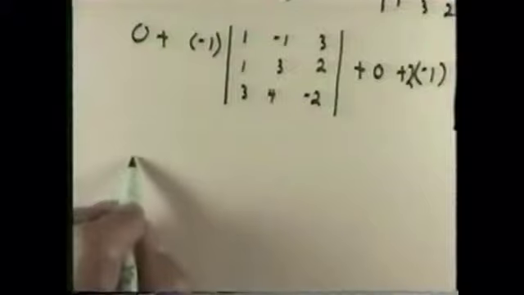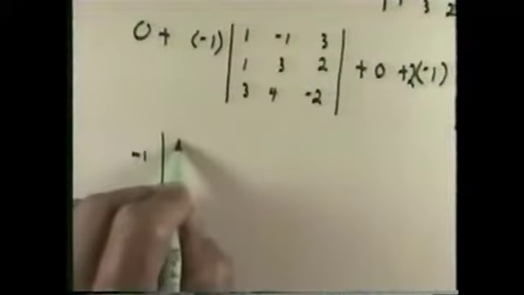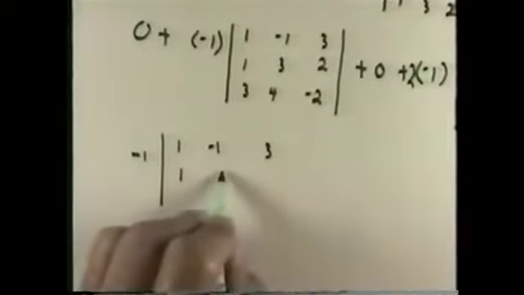So it's going to be negative 1 times the determinant 1, negative 1, 3, 1, 3, 2, 3, 4, negative 2.